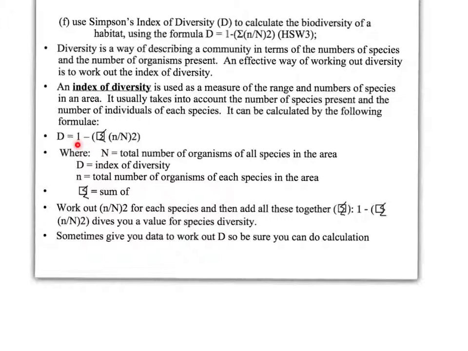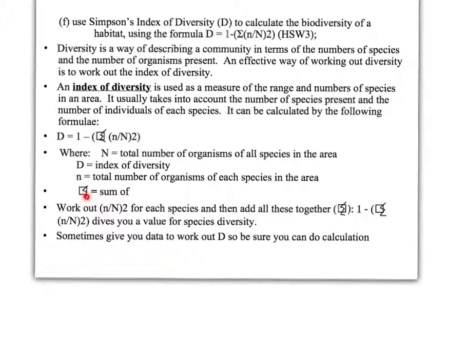I'll explain all this in a second, but the key thing is N is the total number of organisms of all species in the area, and D is the value of the index of diversity. Little n is the number of organisms of each species in the area, and that squiggly line there, which I've had to draw in because it didn't come out when I transferred my PowerPoint presentation onto this screencast, means sum of. I'll explain what all that means now.